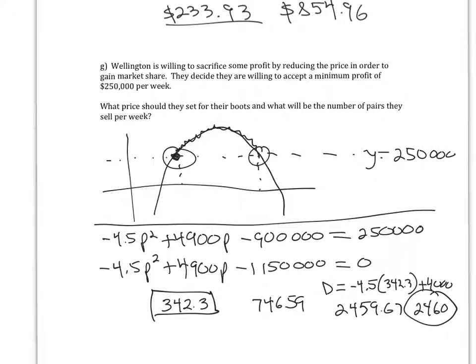And so what we're saying is that when we set our price at around $342.30, we will sell around 2,460 pairs of boots, and we'll make a profit, which is the minimum that we set for ourselves, of $250,000.